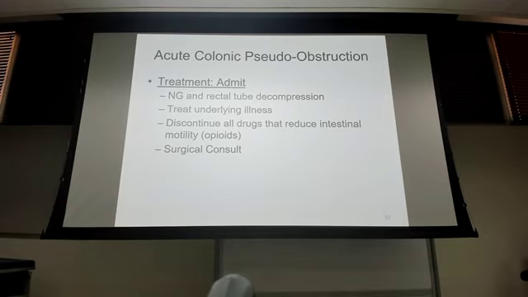So we decompress the bowel, discontinue any opioids or other medicines that halt intestinal motility or peristalsis, then treat the underlying disease, and once again, call our friend on call, the surgeon.